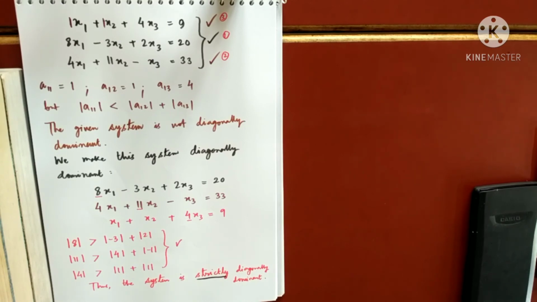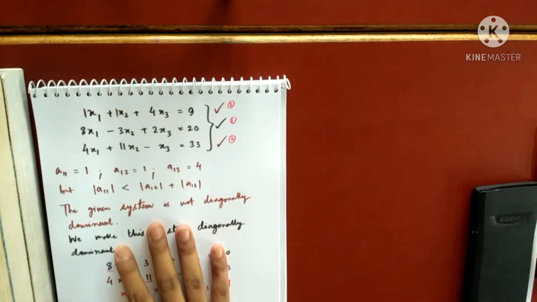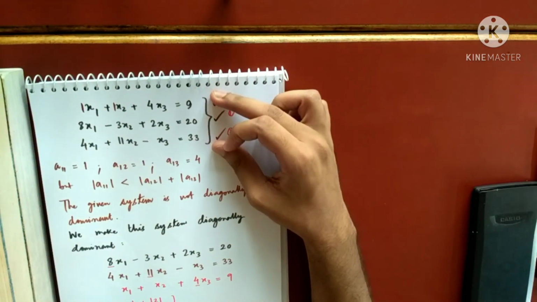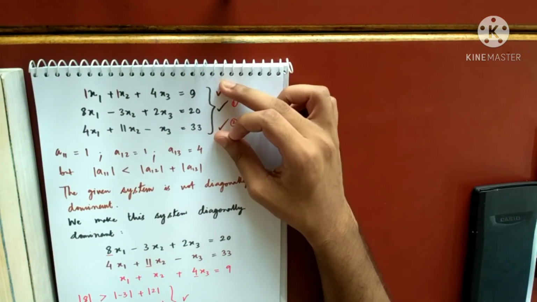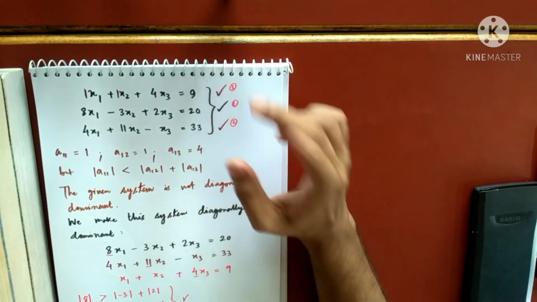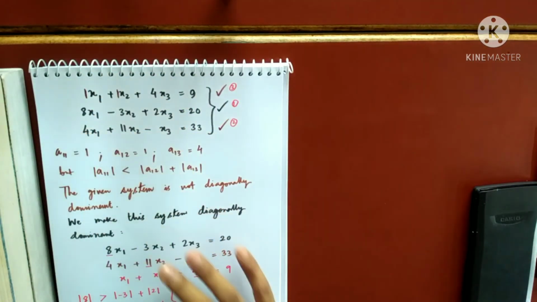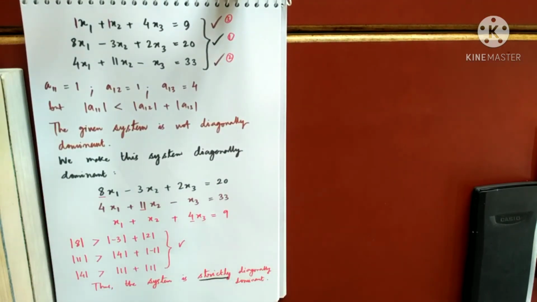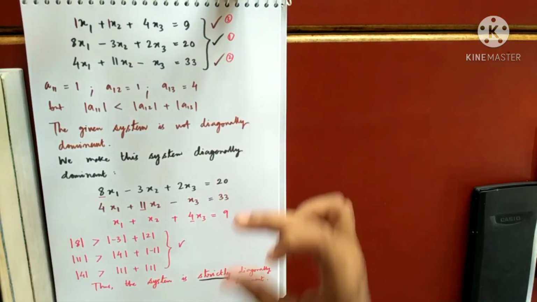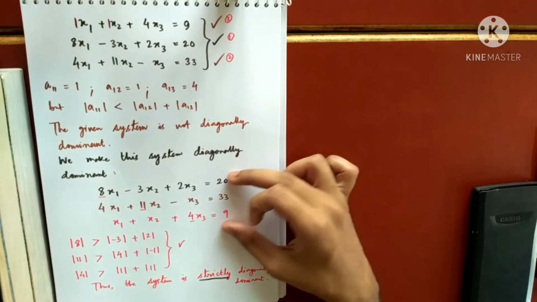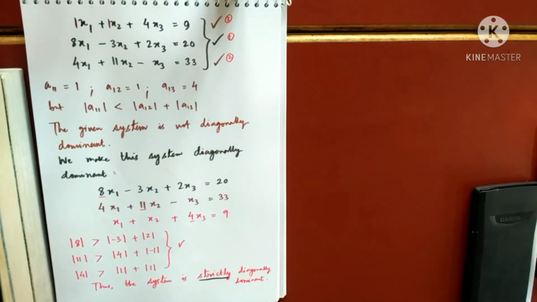I can use those methods only when my system is diagonally dominant. Suppose I want to solve this system by the Gauss-Jordan method, then my system should be diagonally dominant. Because it was not diagonally dominant, I cannot use the Gauss-Jordan method directly, so I will make that system diagonally dominant and then apply the Gauss-Jordan method.